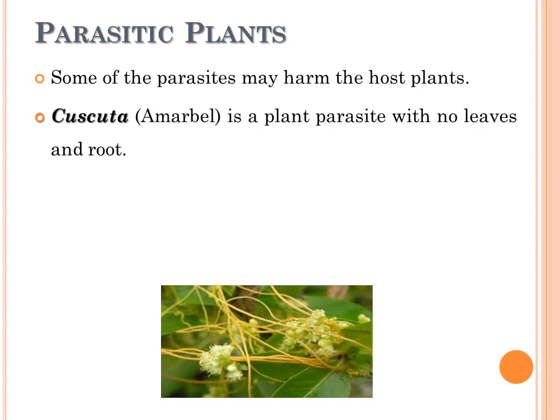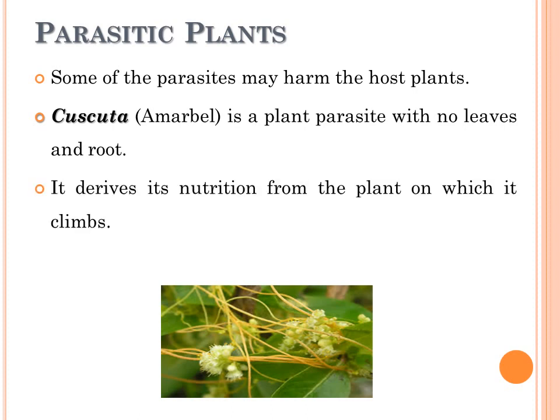Cuscuta, or amarbel, is a plant parasite with no leaves and roots. It derives its nutrition from the plant on which it climbs. This is known as the host on which it climbs. Understand, students?